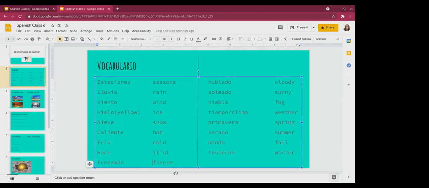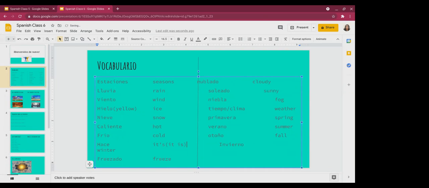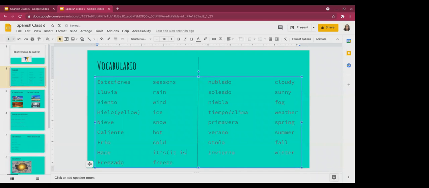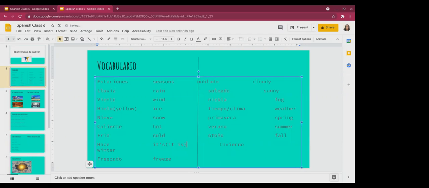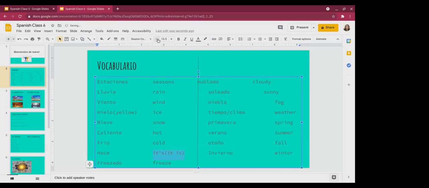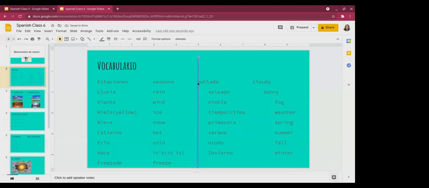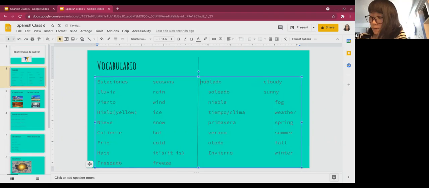Okay. And now, hace means it's or it is. So we would say hace frío. What does freeze mean? Frisado. How do you pronounce it?